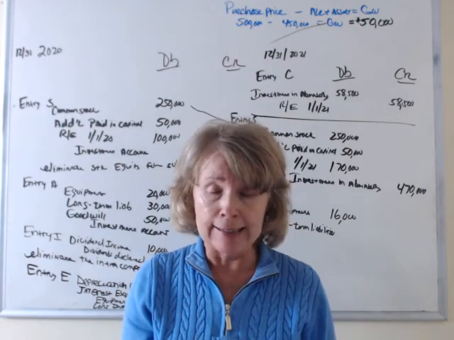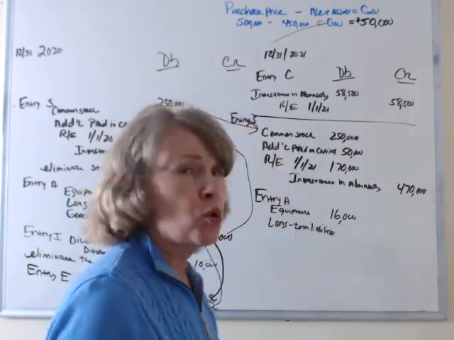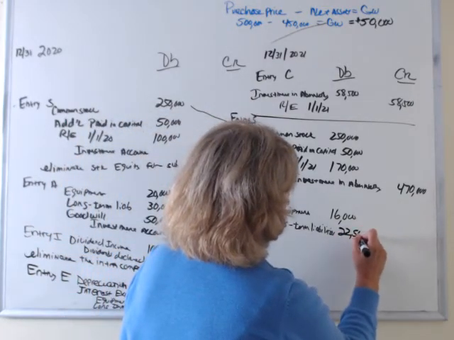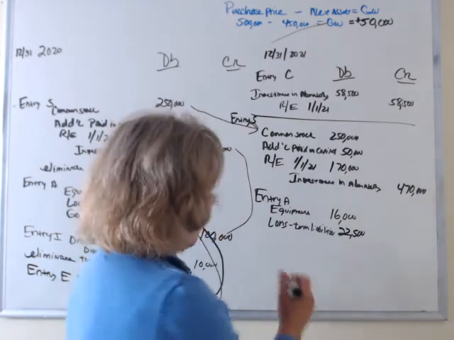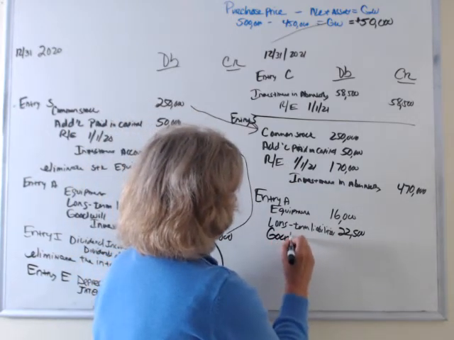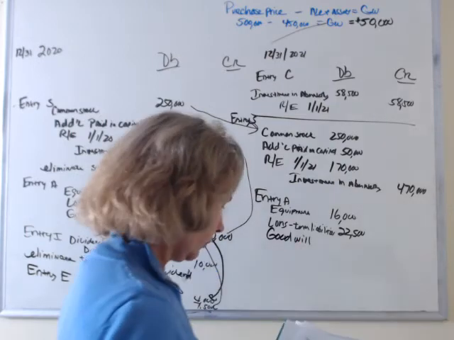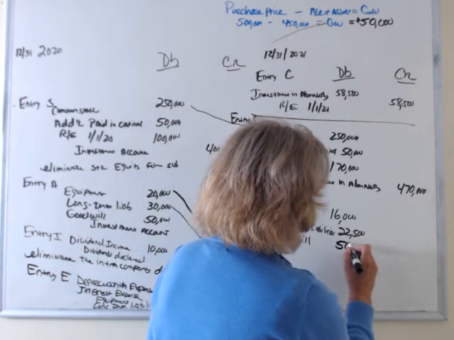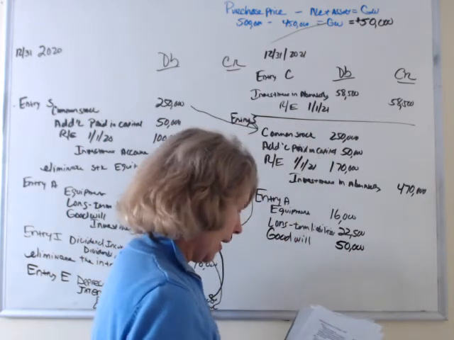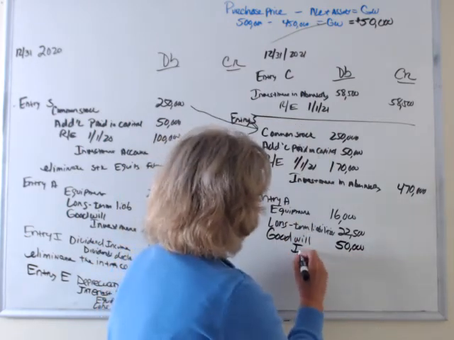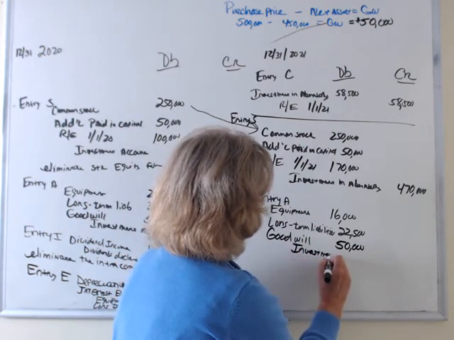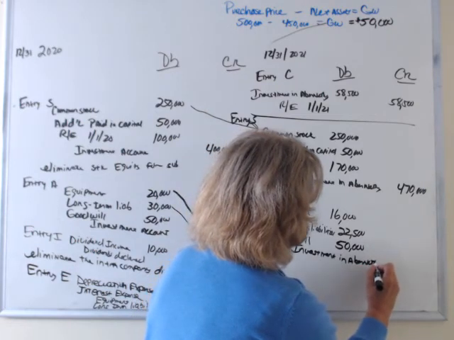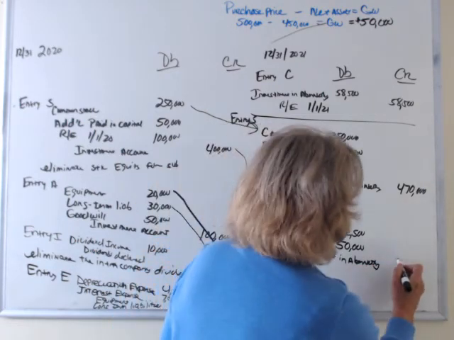I credited that account for 7,500. So now that 30,000 is brought down to 22,500. I'm going to adjust for goodwill. That's the same, $50,000. And then I adjust investment in Abernethy, which is 88,500.